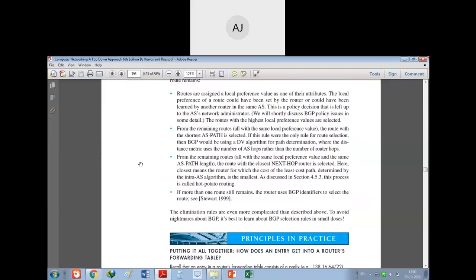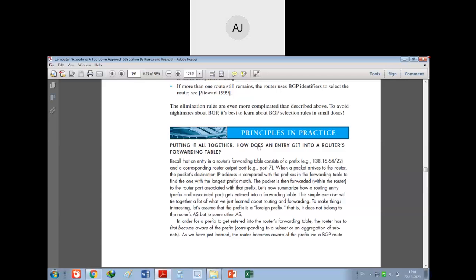It may be intra or it may be inter; in both autonomous systems, we are following these four operations. So you may get a question: explain the four sequential operations for choosing the best path. These are the operations you can explain here.